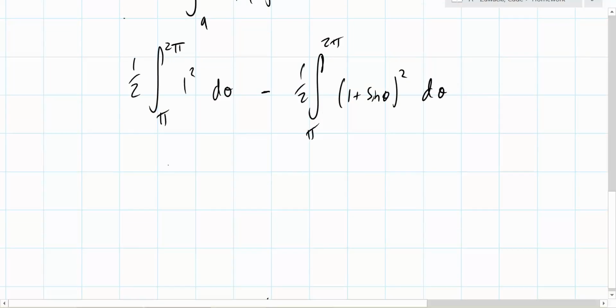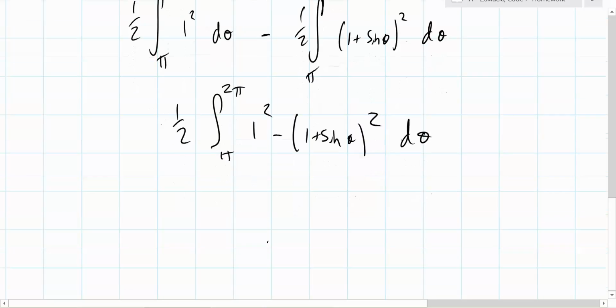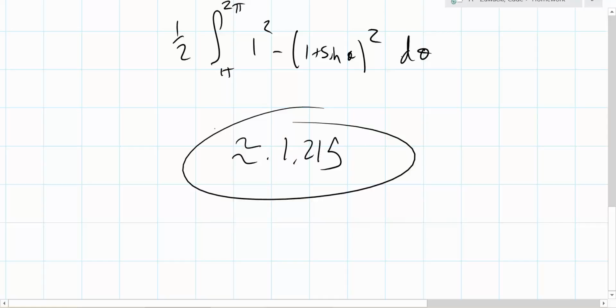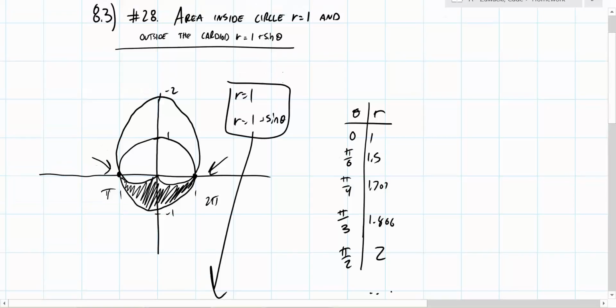We can actually rewrite this as just 1/2 the integral from pi to 2 pi of 1 squared minus (1 plus sine theta) squared d theta. And we can plug this into the calculator to get an answer of about 1.215. So that is the area inside the circle r equals 1 and outside the cardioid r equals 1 plus sine theta.